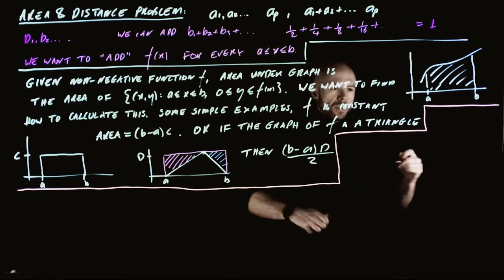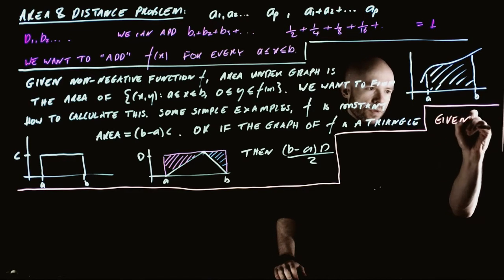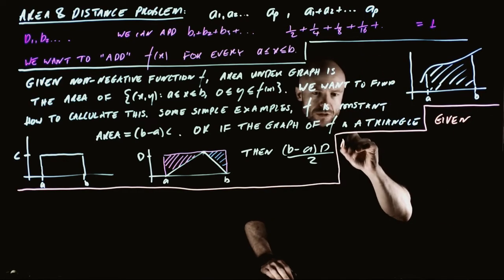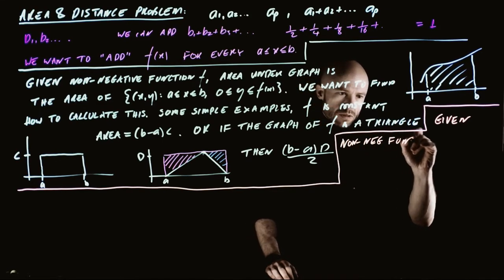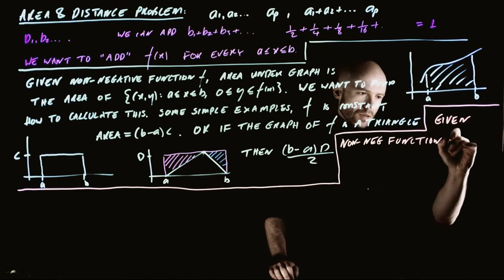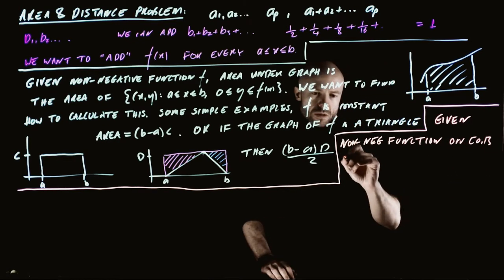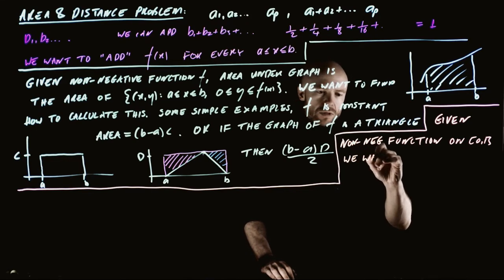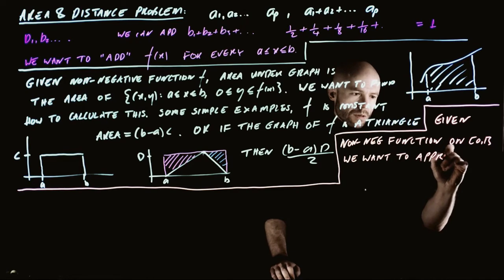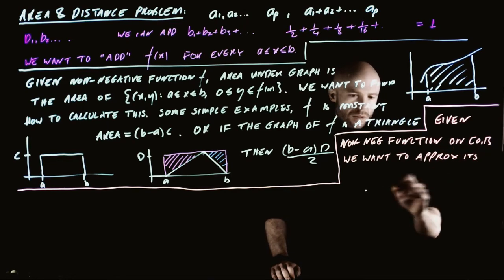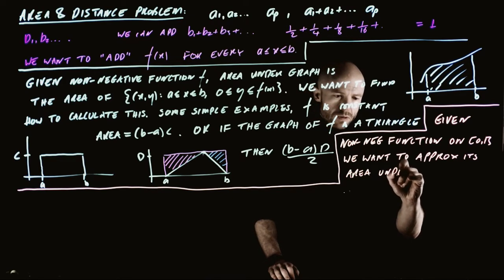So, given a non-negative function on the interval 0 to 1, we want to approximate its area under the graph.